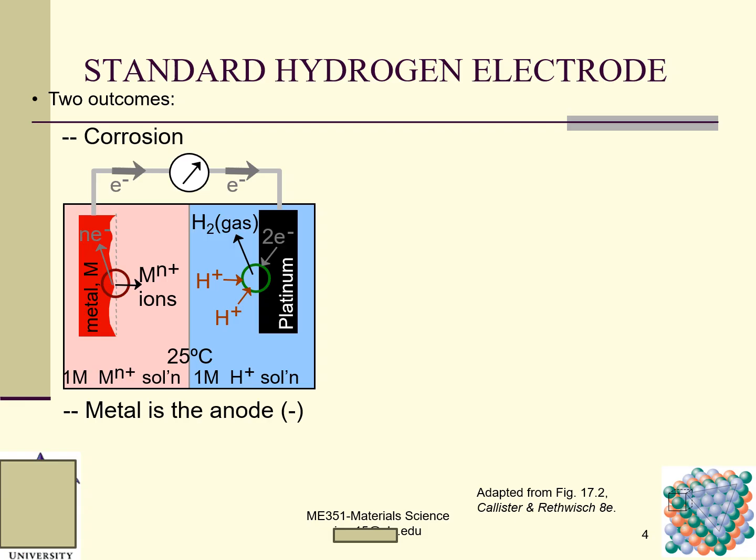So this is the metal in the anode, which is negative. This is metal in the anode, corrosion.